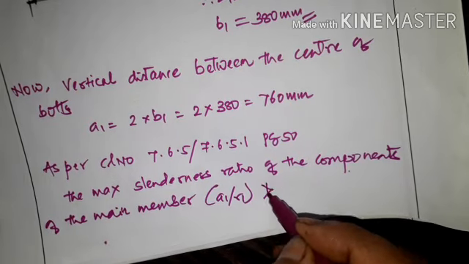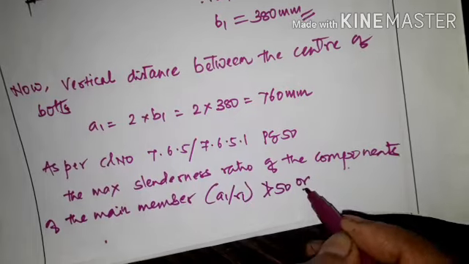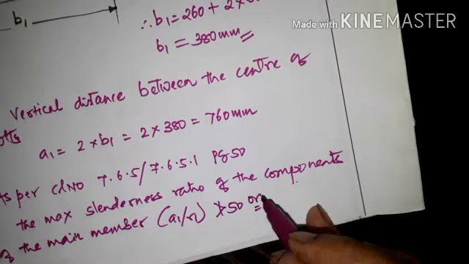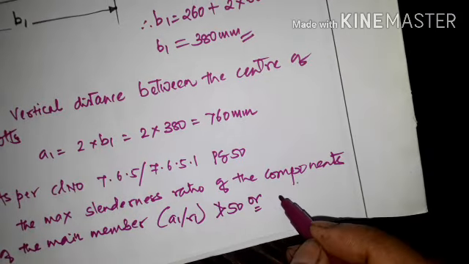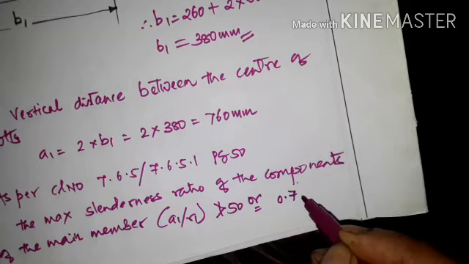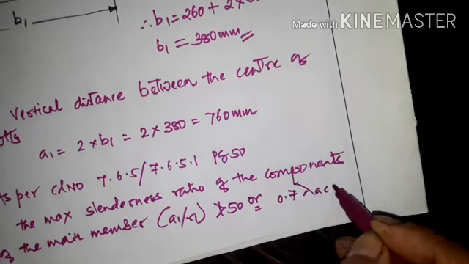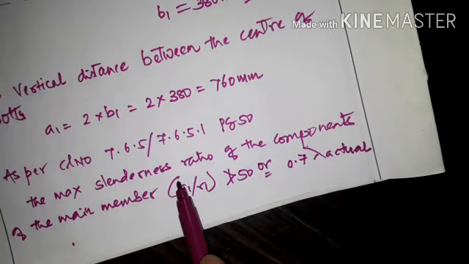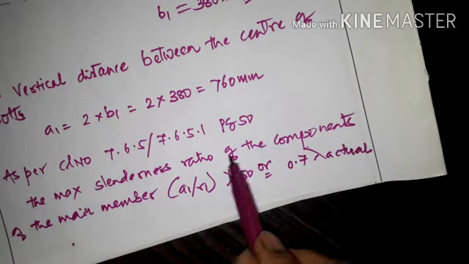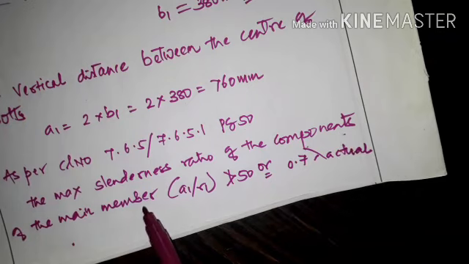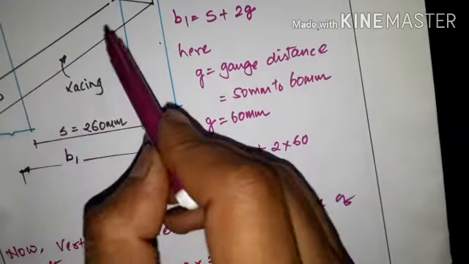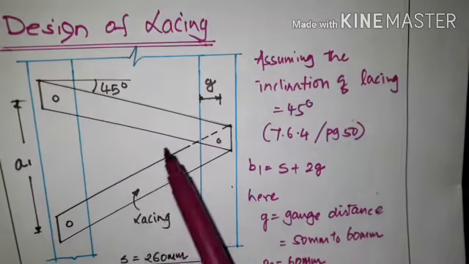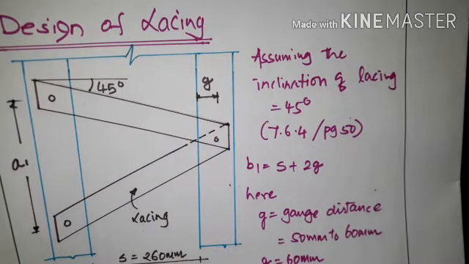should not be more than 50 or 0.7 times lambda actual. Okay, so the maximum slenderness ratio of the components of the main member, A1 by R1, means the components, these are the components, the lacings are components.